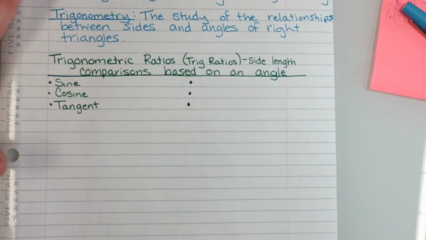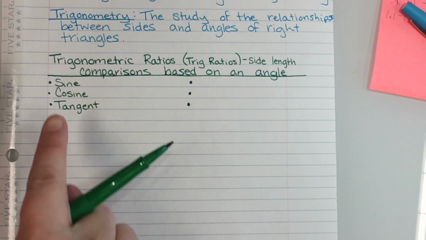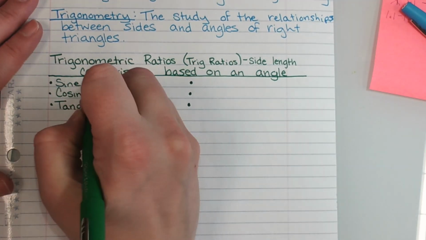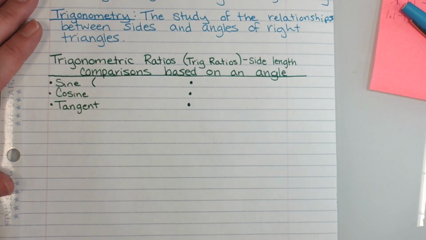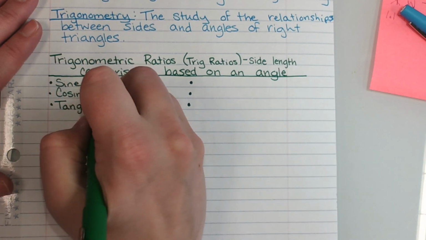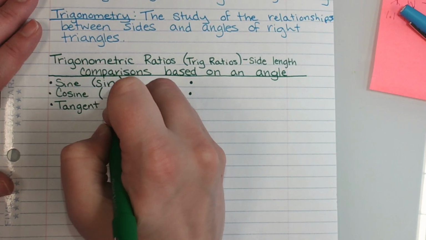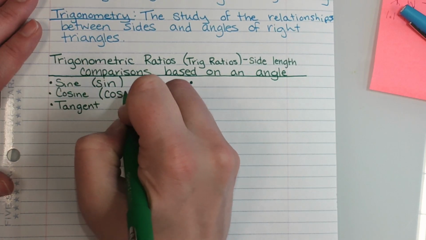Now before we get to those 3, one of the most important things that we're going to need is we're going to have to talk about these 3 and the fact that they have a shortened version of each of them. Sine in a shortened version is sin. Cosine in a shortened version is cos.